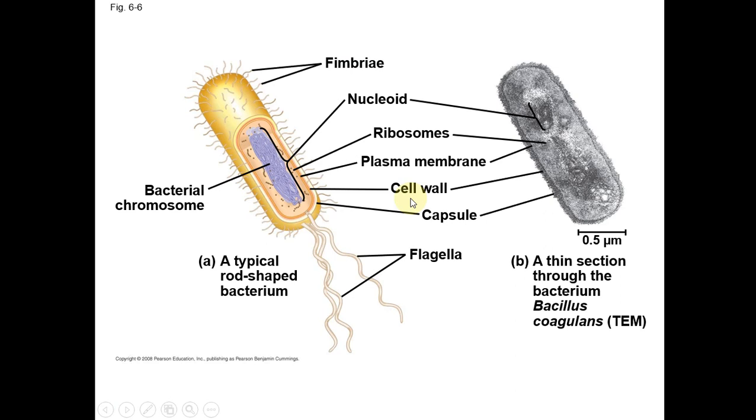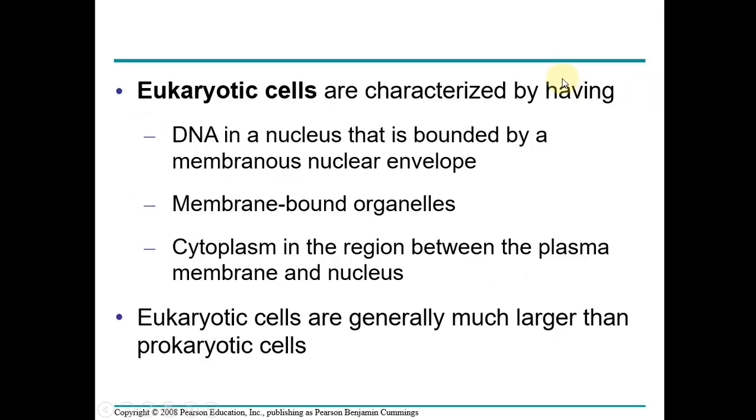Prokaryotic cells contain a cell wall, just like plants. They are for protection. We have the capsule as another layer for a bacterium. Flagella for movement, para siyang pang-swimming ng bacterium. So that's the typical illustration of a bacterium.